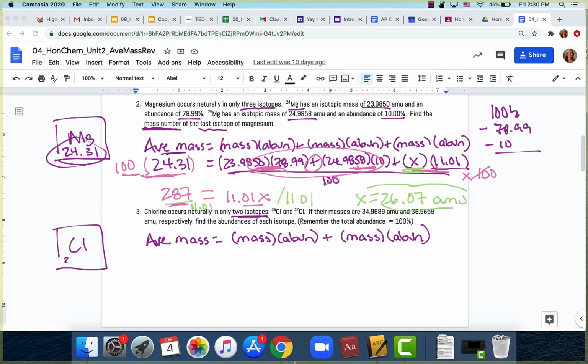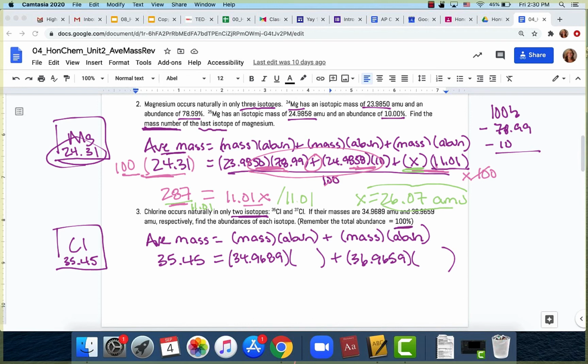Chlorine is 35.45, so that's what goes here, just like we did in the previous problem. The first mass is 34.9689 times abundance plus 36.9659 times abundance. Now this one, we don't know either one of the abundances.